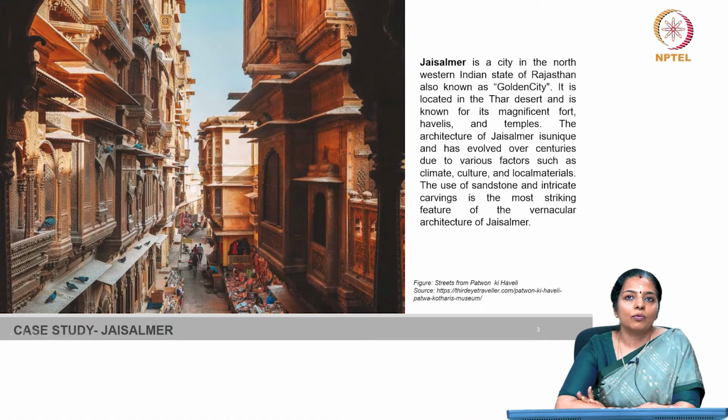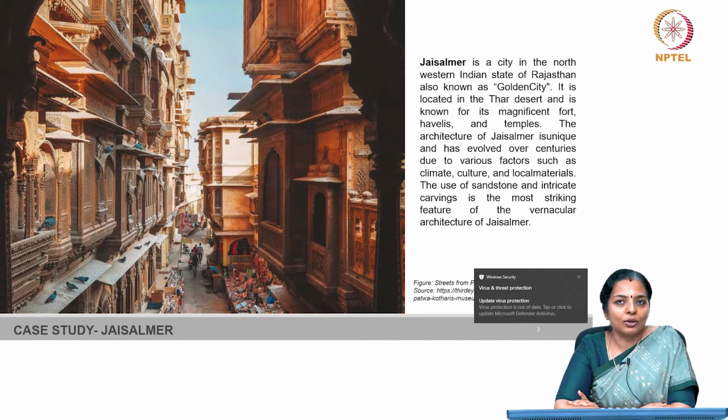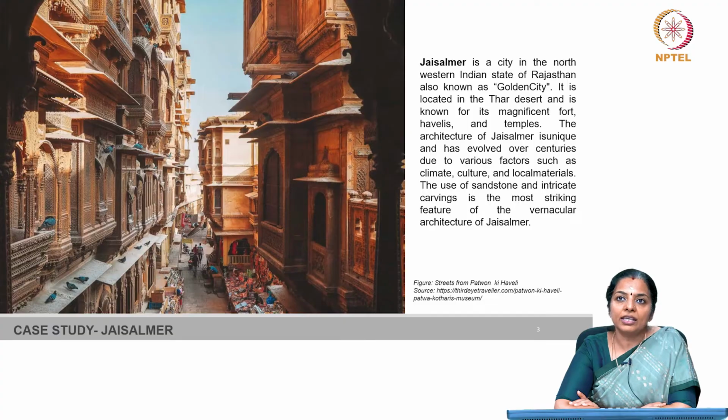So, we will take the example of the city of Jaisalmer. Jaisalmer is a city in the northwestern Indian state of Rajasthan. It's also known as the Golden City. It is located in the Thar Desert and is known for its magnificent fort, havelis, and temples.